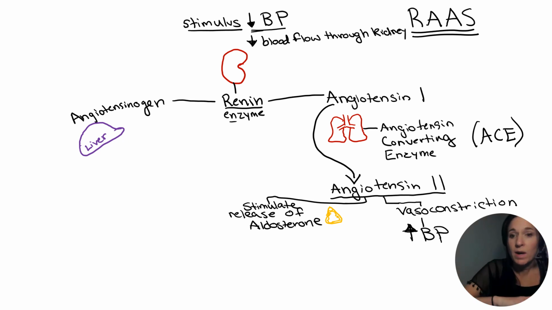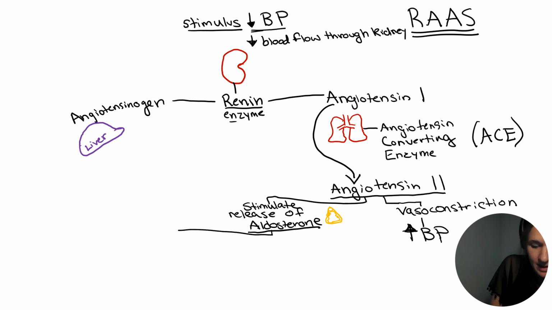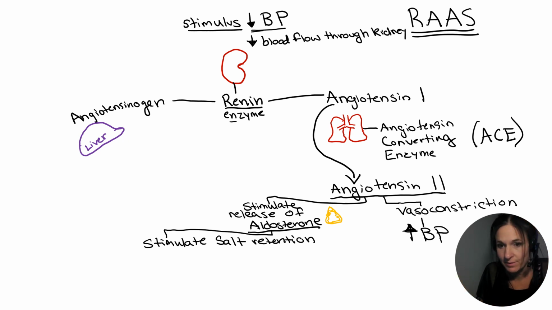So now we have the release of aldosterone, and aldosterone is going to have an effect on the kidney, and it's going to stimulate salt retention, which is going to indirectly stimulate water retention.